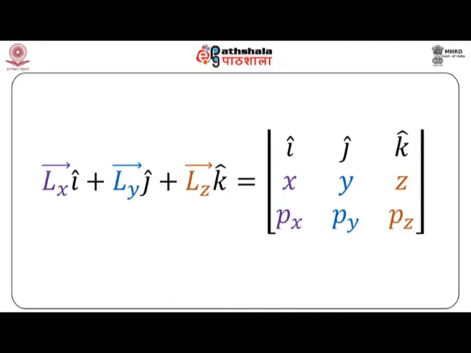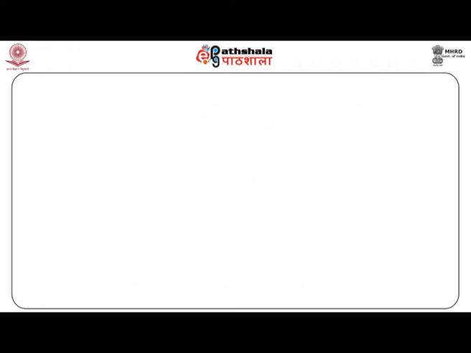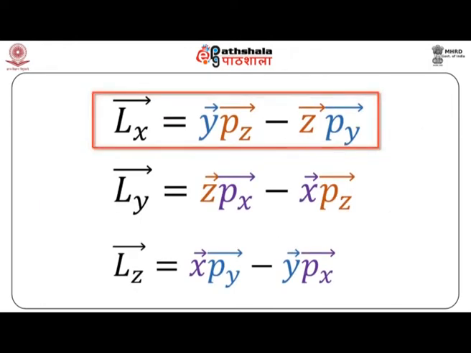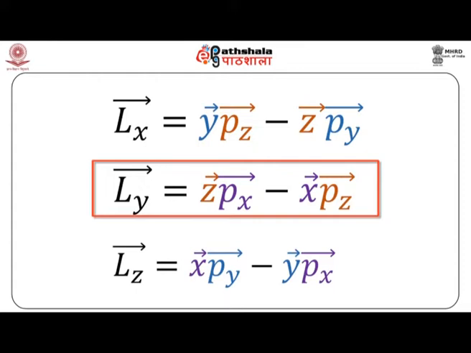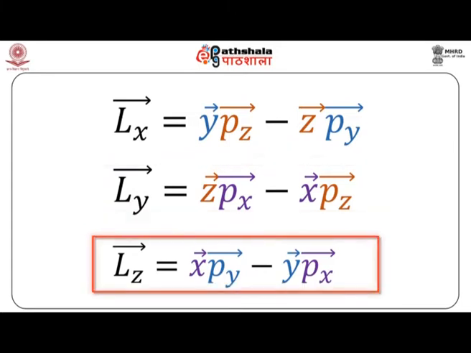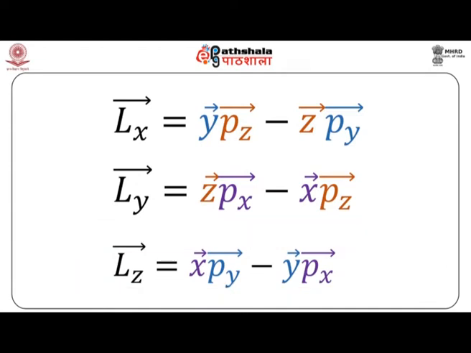Now if this expression is opened, then ultimately we will get that Lx will be given by y pz minus z py, and Ly, which is the angular momentum in the y direction, will be given by z px minus x pz, and Lz will be given by x py minus y px. So these are the three components of angular momentum which we get.